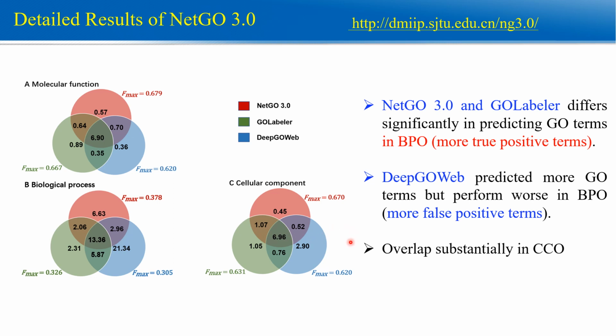Typical web predicts more GO terms but achieves lower Fmax than the other two methods, indicating that false positive GO terms are common in the prediction results. NetGO 3 and the other two methods differ significantly in predicting GO terms in BPO, and NetGO 3 performs better with the highest Fmax. It demonstrates that NetGO 3 is more accurate and can predict more true positive terms for query proteins.